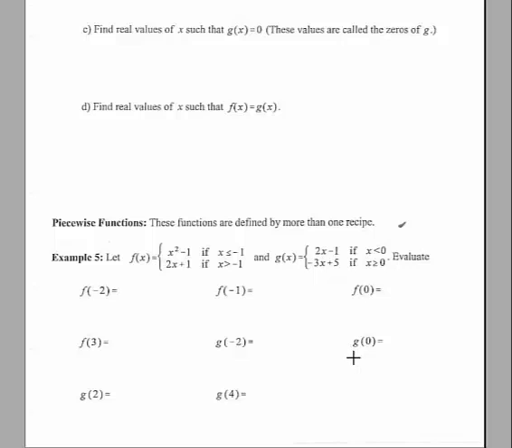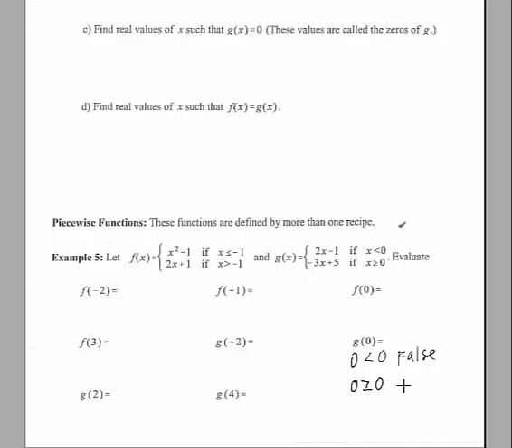g of 0. Is 0 less than 0? False. 0 is equal to 0, but we do not have the dash below the less than sign. So we go with the second expression, negative 3x plus 5, greater than or equal to 0.